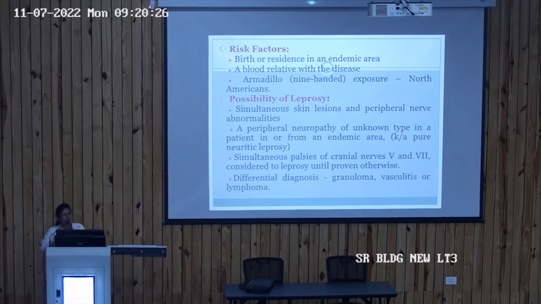And if there is simultaneous involvement of cranial nerves 5 and 7, that is considered to be leprosy until proven otherwise.